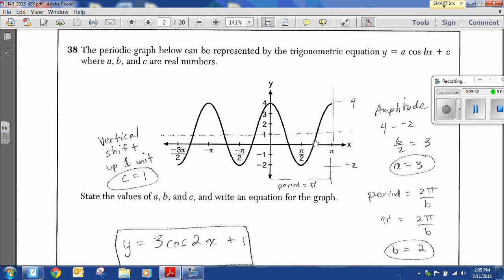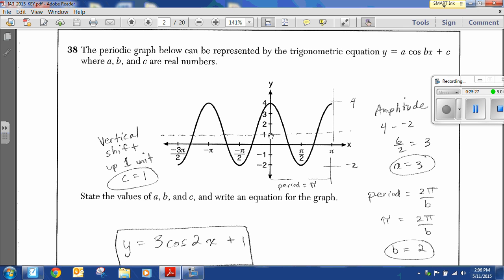So if we inspect this cosine curve, we notice that the center line would take place right here at y equals 1, because 1, 2, 3 above reaches the top, and 1, 2, 3 below meets the very bottom. So this has been vertically shifted 1 unit. So I know that C equals 1.